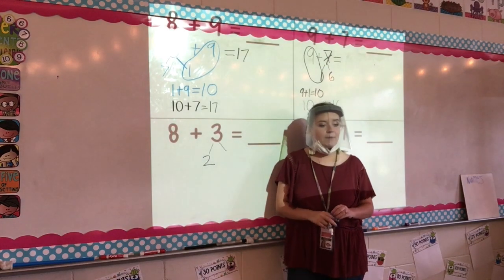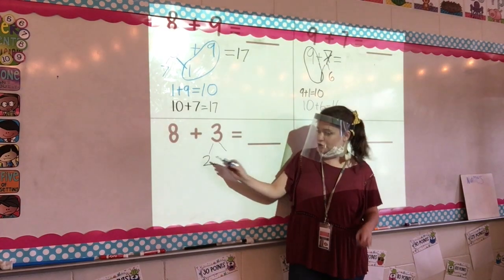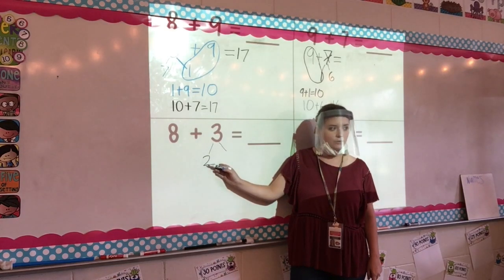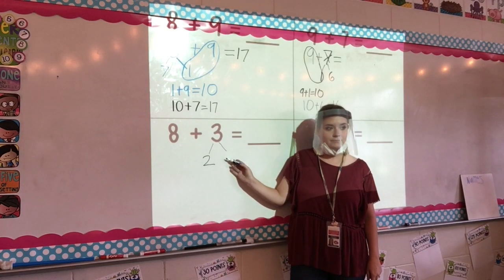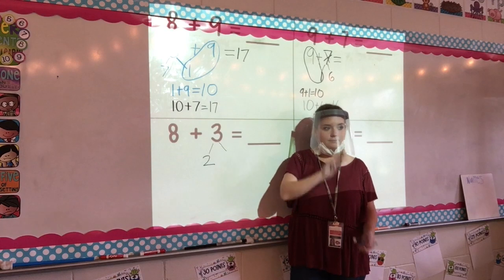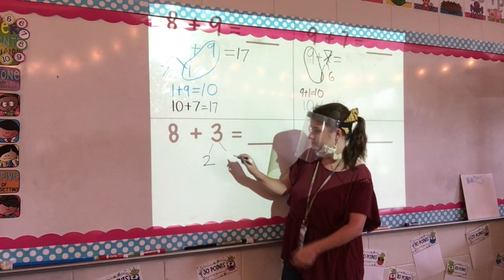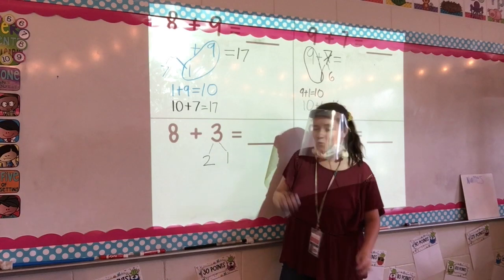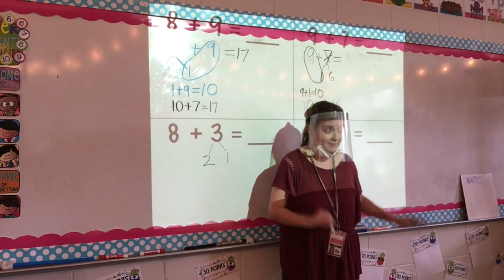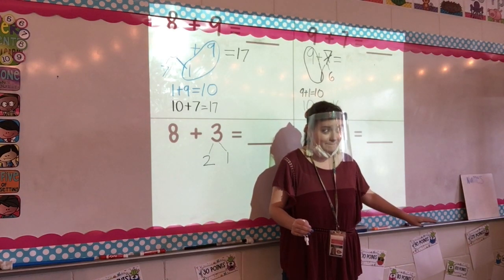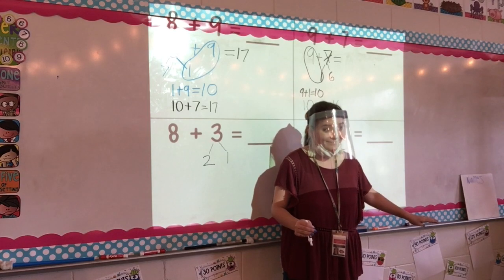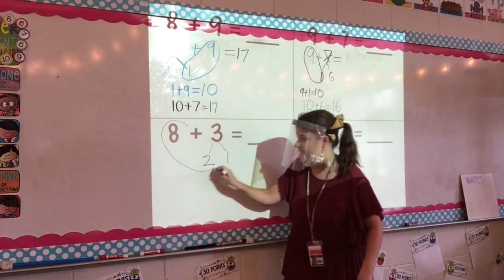So let's make the number bond out of our 3. I just took the 2 out. If I take 2 out of 3, what am I left with? 1. What is my very next step? You can say it. Circle the 2 and the 8. Why am I circling the 2 and the 8?